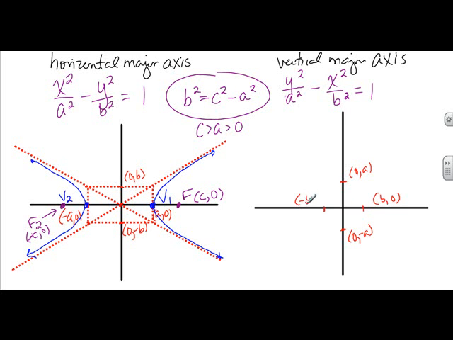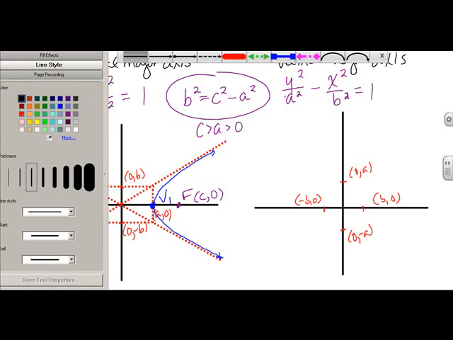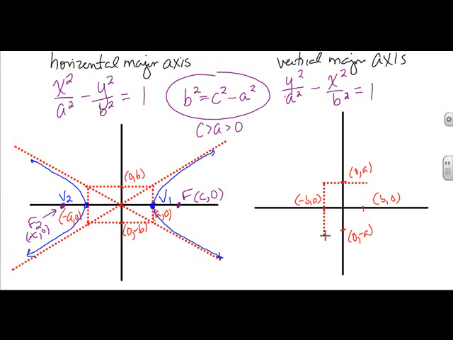Draw your box and the asymptotes. The more accurate, the straighter and neater you can make this part, the better your picture looks. Since our major axis is vertical, this has got to be a vertex, and this has got to be a vertex, and our hyperbola would curve around this way.